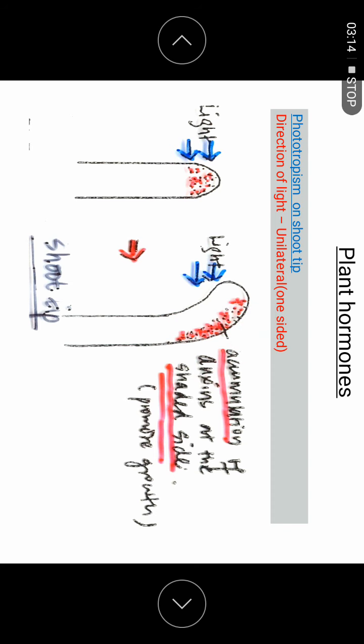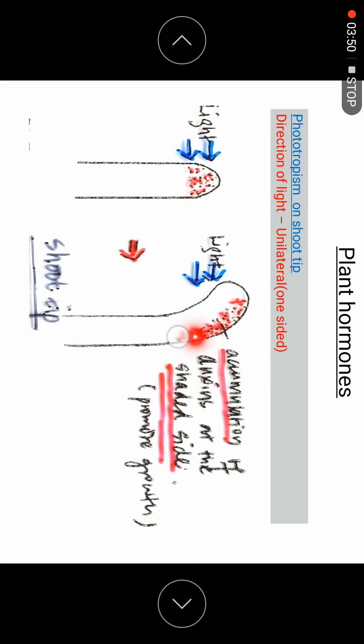So how do we explain this? If you see here, this part is shorter and this part is longer. Phototropism means the shoot will grow towards the light. This makes the shoot grow to the left, because the light comes from the left. But what makes it grow to the left is that the cells on the right hand side of the stem grow faster due to the auxin.